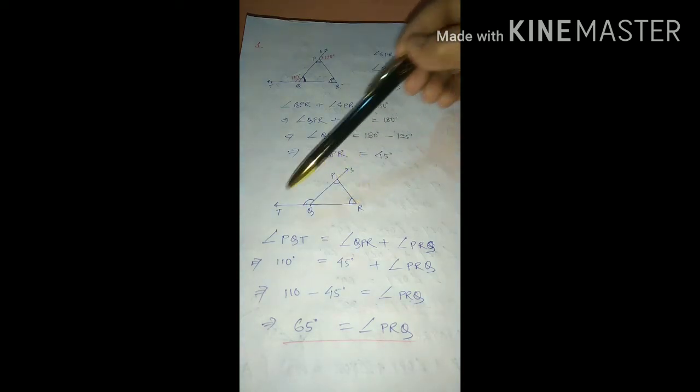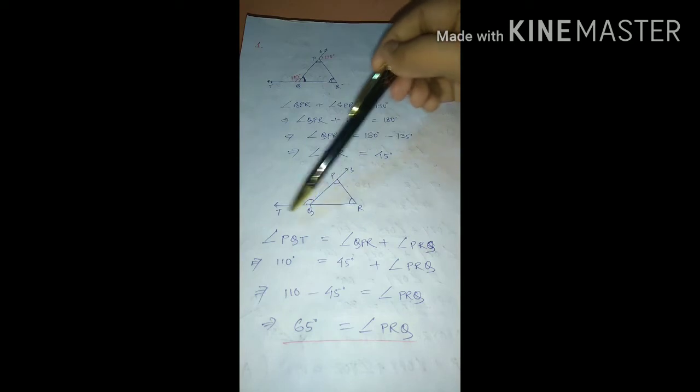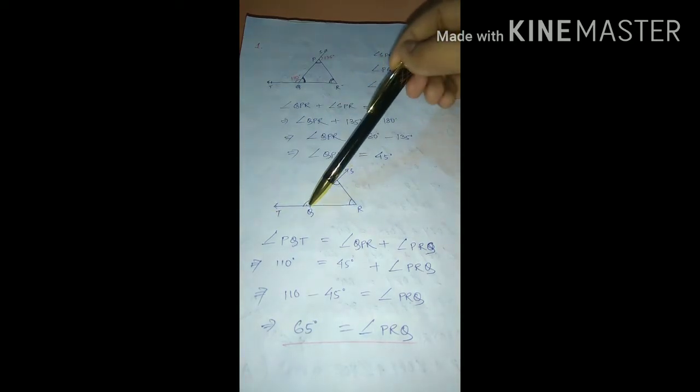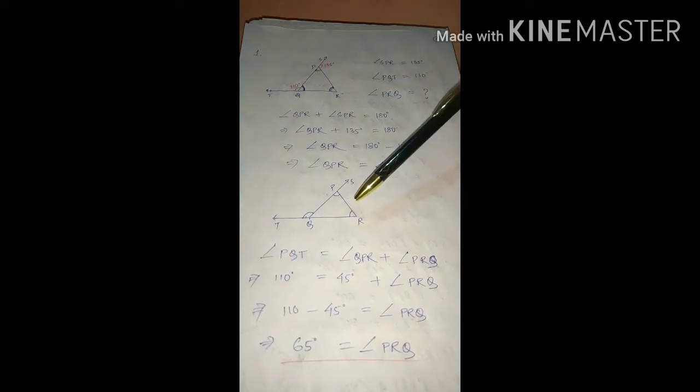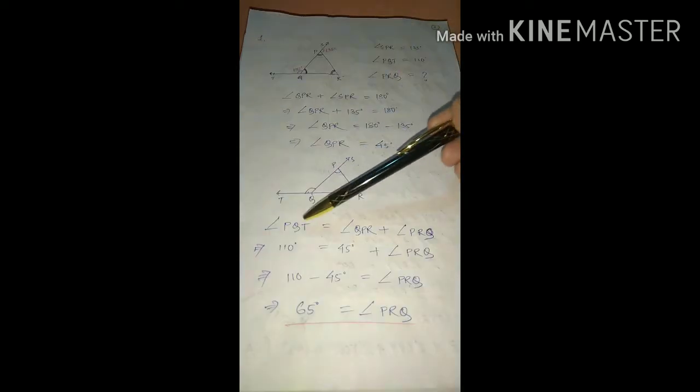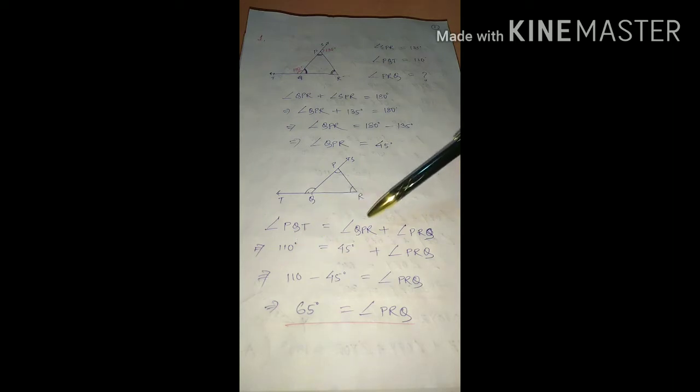So the exterior angle is PQT, and the sum of the two opposite interior angles, you have to write QPR and PRQ. So PQT equals 110 degrees and QPR we already found, 45 degrees. If you put these two values and calculate, then PRQ equals 65 degrees, which is our correct answer.